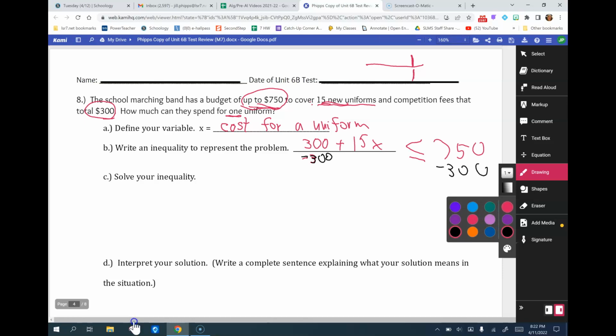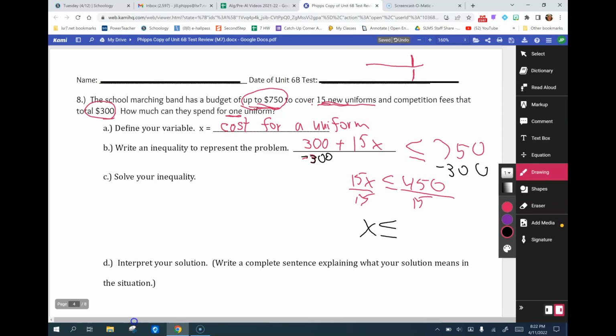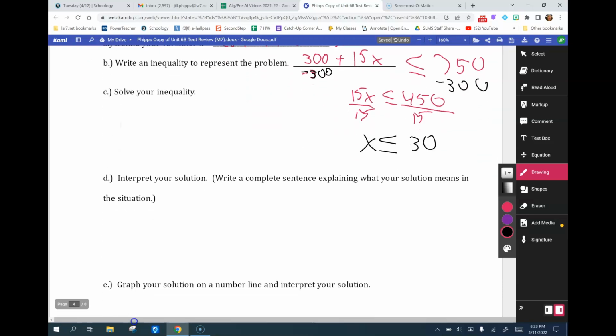So we get 15x is less than or equal to 450. We're going to divide by 15. Now notice we divided by a positive, so our inequality sign stays the same. Is that 30? Let's check. 15 goes in there. A 3 and a 0. Yes, so x is less than or equal to 30.